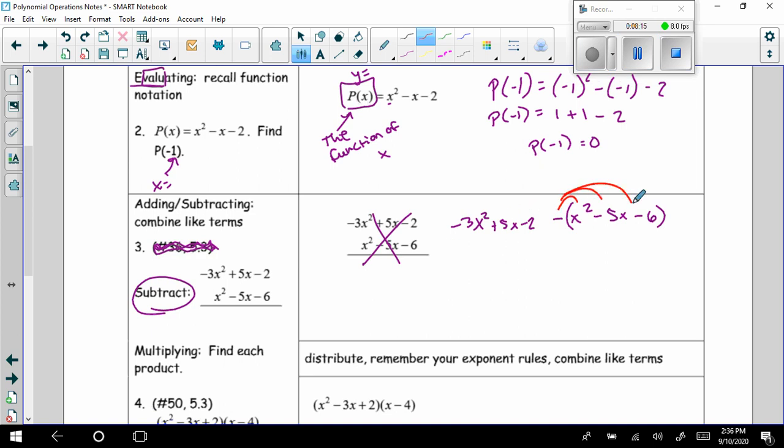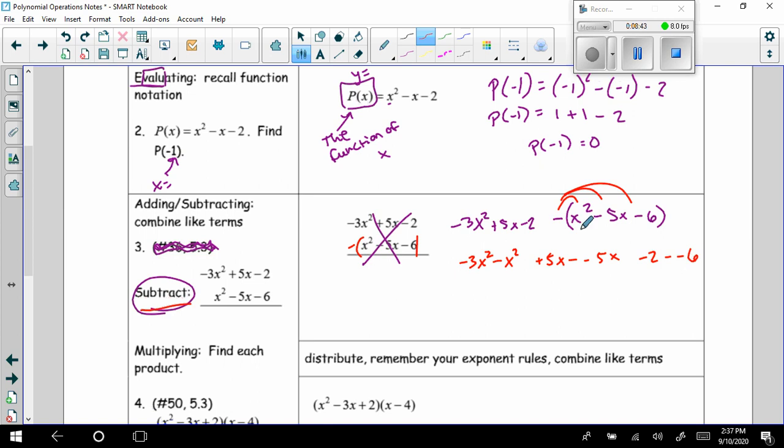What you do have to do is, whether you're doing it vertically or horizontally, you need to make sure that if you are subtracting, that sign goes through to everything, so that you're taking -3x squared minus x squared. And you're taking 5x and you're subtracting -5x. Okay, and you're taking -2 and you're subtracting -6.